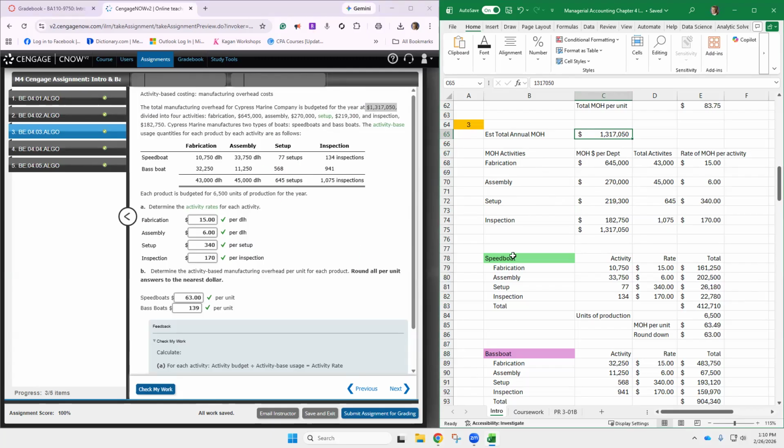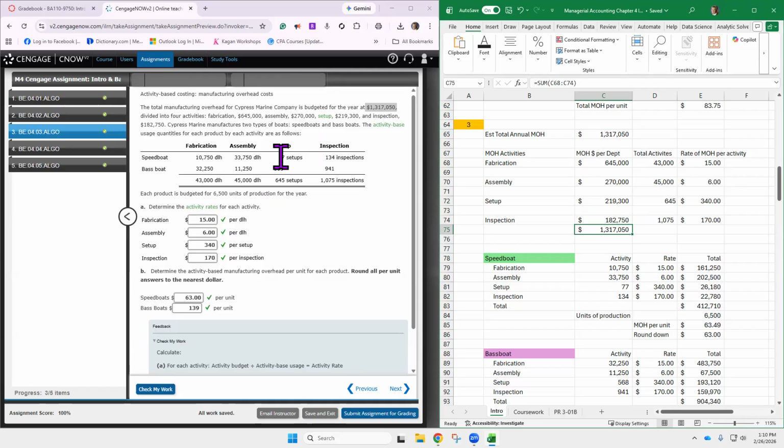And then they make a speedboat and a bass boat. So when we know how much each activity's overhead is, and I double checked that they added up, and they did. So 43,000 direct labor hours represents fabrication. 45,000 direct labor hours represents assembly.